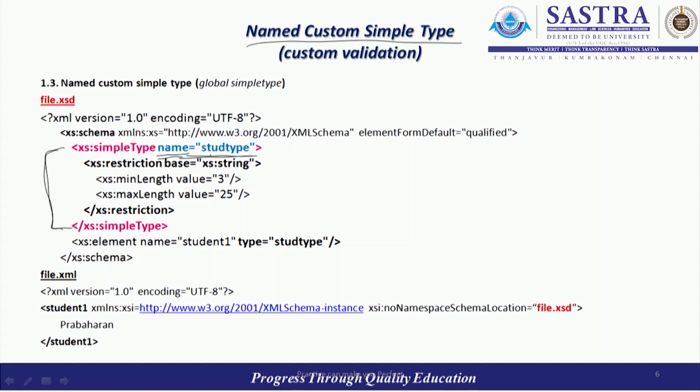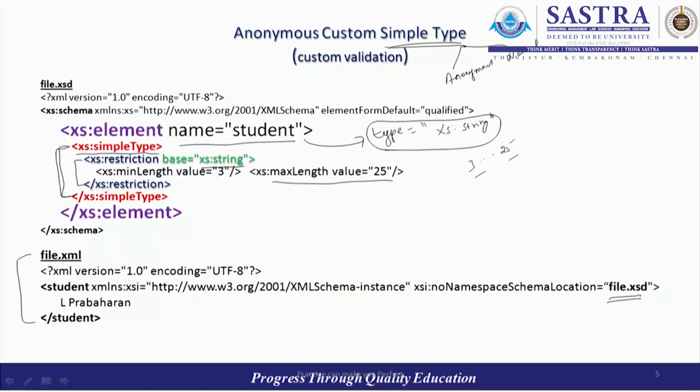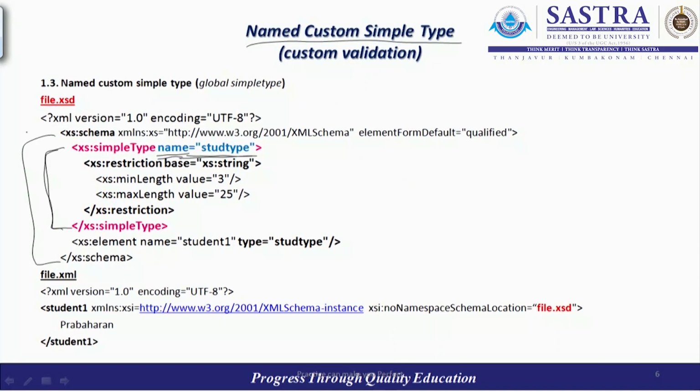The simple type name, stud type, I have given, it has been saved with the name stud type. After xs:schema we have to write, like the previous one, the same way: after xs:schema and before starting the XML element we have to write the simpleType. So I have written it here.